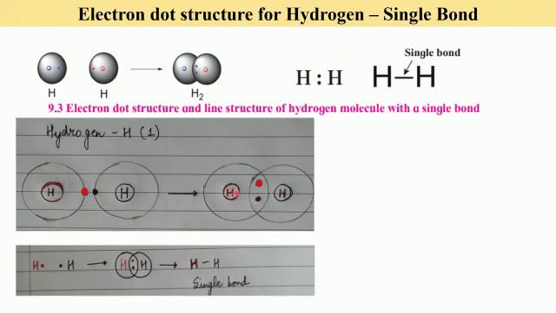Both establish a duplet in their outermost shell and achieve the electronic configuration of helium. And since one pair of electrons, or 2 electrons, are being shared between the 2 atoms, it is going to be called a single bond.